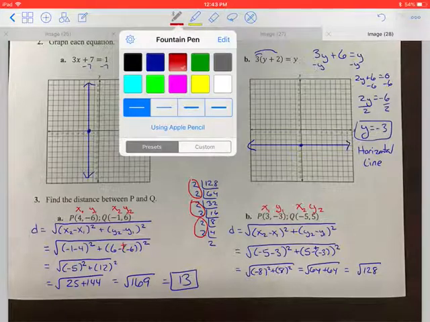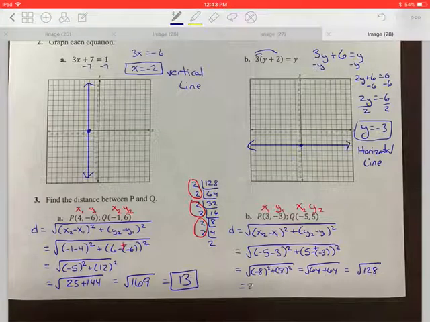So that's going to give me 2 times 2 times 2 on the outside and a leftover 2 on the inside. And that ends up being 8 square roots of 2. So I don't want a decimal approximation here. I do want a simplified radical.